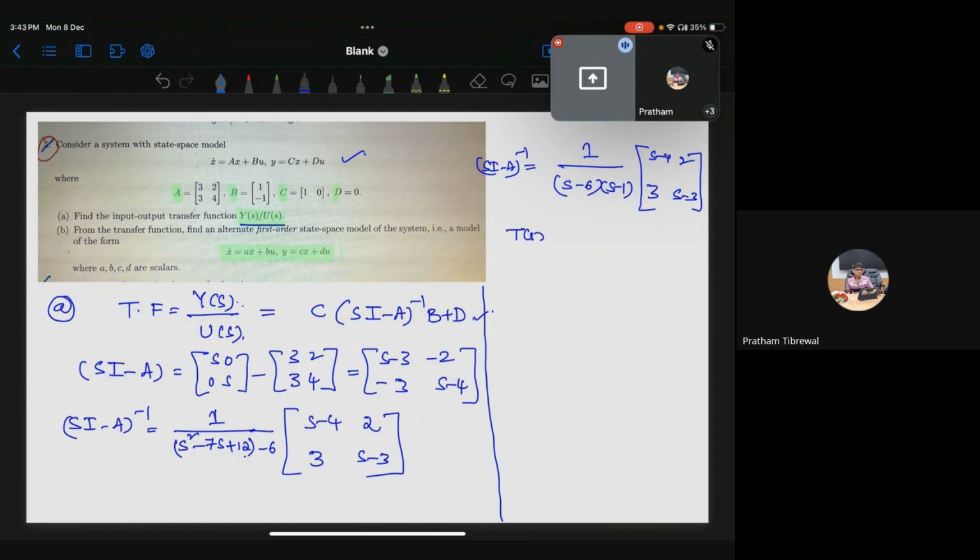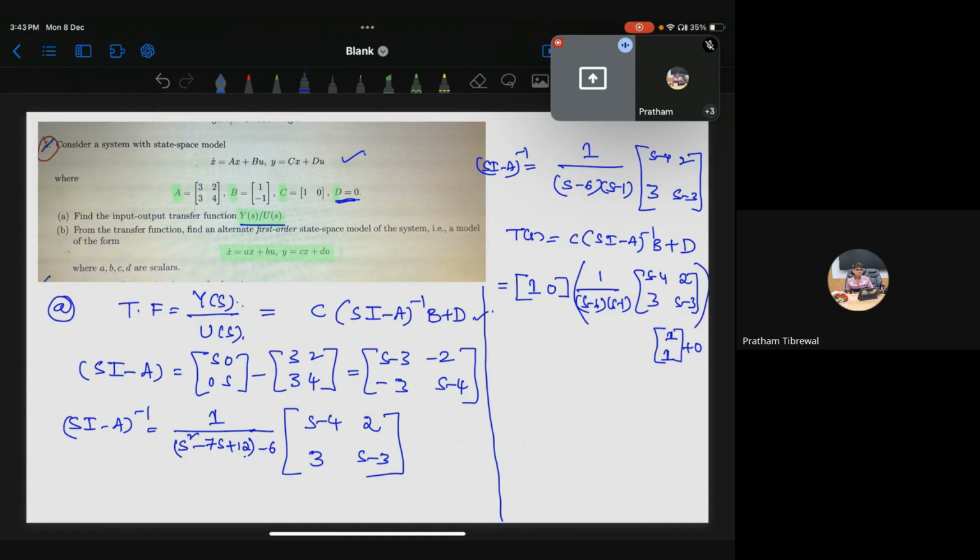The transfer function is C multiplied by (sI minus A) whole inverse multiplied by B plus D. So we could write that as C is 1, 0; sI minus A whole inverse is this term, that is 1 by (s minus 6)(s minus 1) times the matrix s minus 4, 2, 3, s minus 3; and last one is B, which is 1, 1; plus D, which is 0.